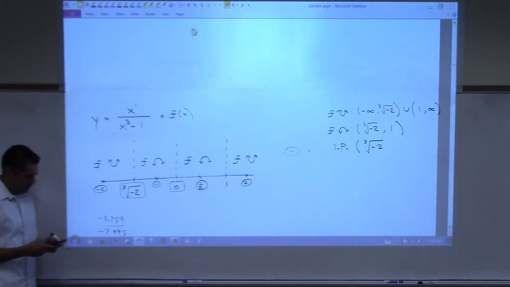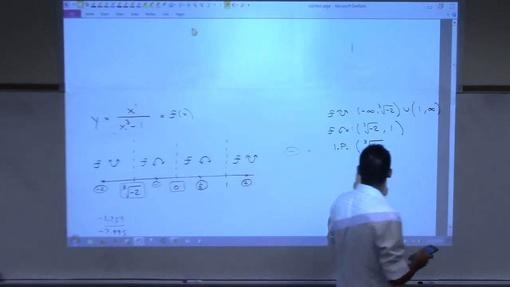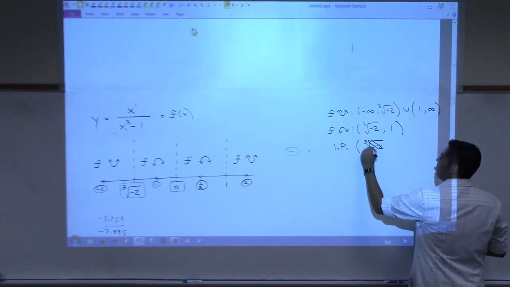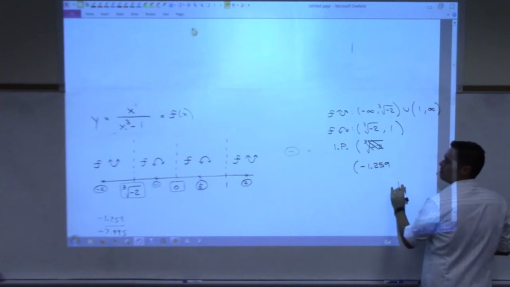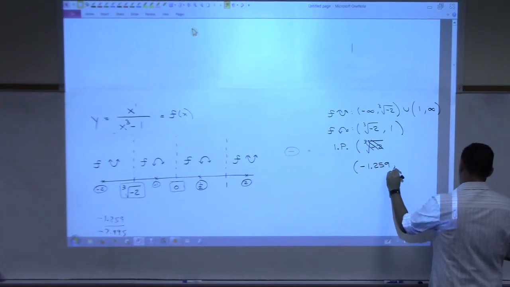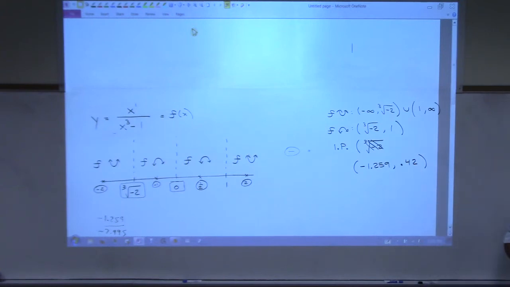That's not what I got. I got 0.42-ish. Okay, that's what I've got. Somewhere around 0.42. I'm going to write that as a decimal. Negative 1.259 and then 0.42, like that. That okay with you for inflection point?